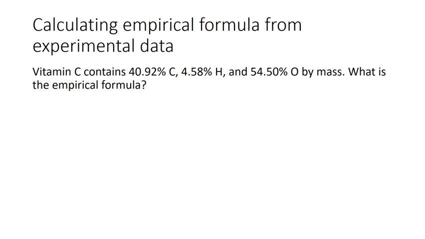So the question here: vitamin C contains 40.92% carbon, 4.58% hydrogen, and 54.50% oxygen by mass. What is the empirical formula? I'm sure this is exactly what all of you wanted to know.